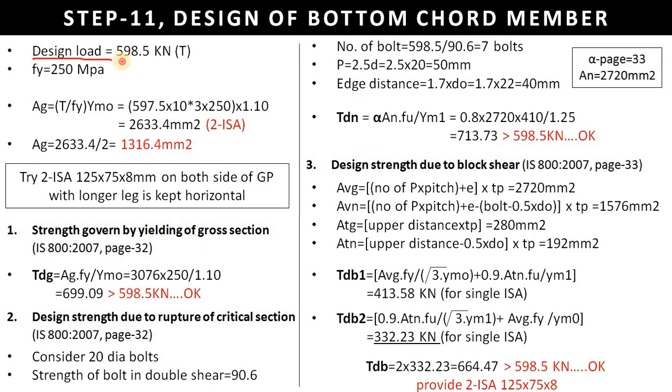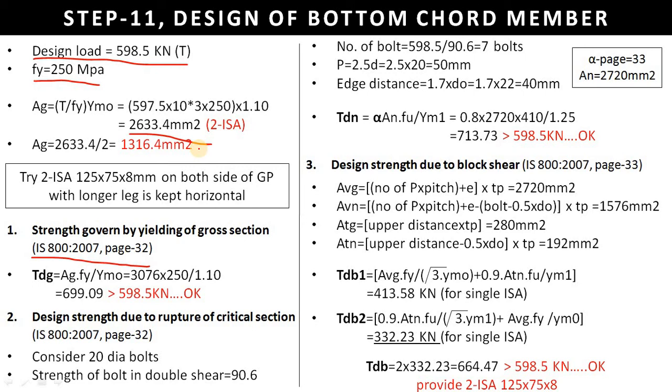So we have the design load as 598.5 kilonewton and Fy as 250. We will find Ag using IS 800 2007, which is given on page number 32. So we have obtained the area as 2633.4 mm square.